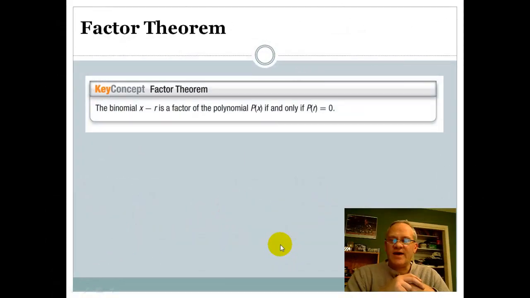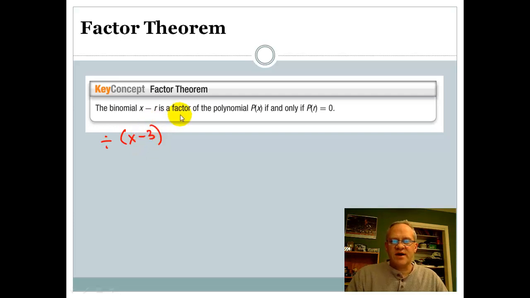We want to talk about the factor theorem. Okay, so this is the other part that we got to talk about. Sometimes these things that they give us here can get a little confusing. But basically what this means here, it says the binomial x minus r. Remember in the first example, I think it was like we divided by x minus 3. Basically what it's saying is this x minus r, that's like the x minus 3, or if you have x plus 2 or whatever.